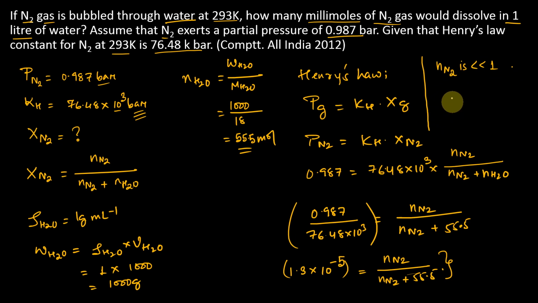So I'll just ignore the number of moles of nitrogen in the denominator completely, because 55.5 plus something very insignificant would almost be around 55.5, right? So 1.3 into 10 to the power minus 5 equals number of moles of nitrogen divided by 55.5. So the number of moles of nitrogen is equal to how much?